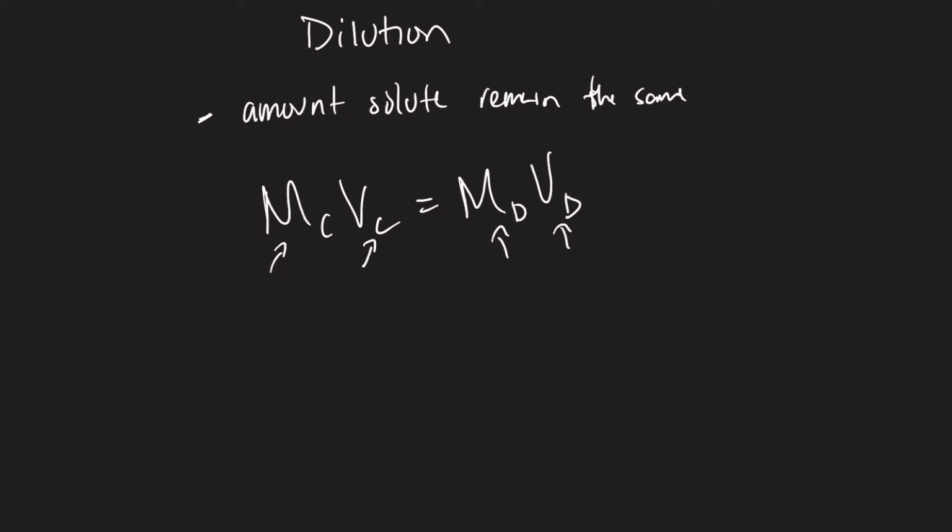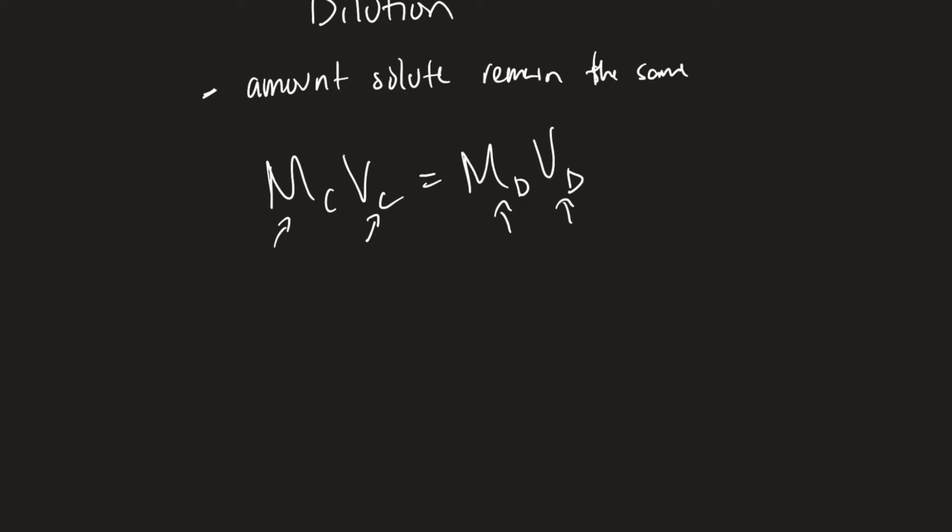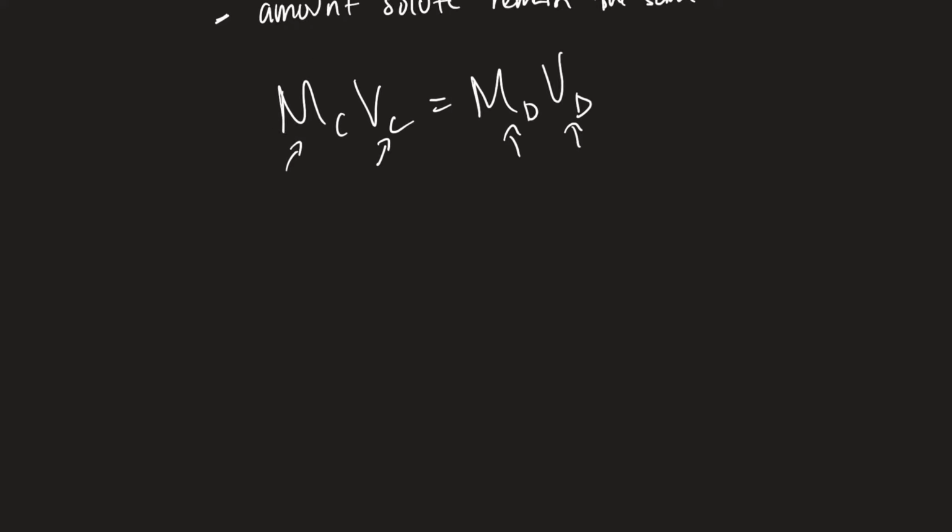For example, we could rewrite the equation to solve for the concentration of the solution after dilution. In this case, it will be the molarity of the diluted solution equals the molarity of the concentrated solution times the volume of the concentrated solution divided by the volume of the diluted solution.